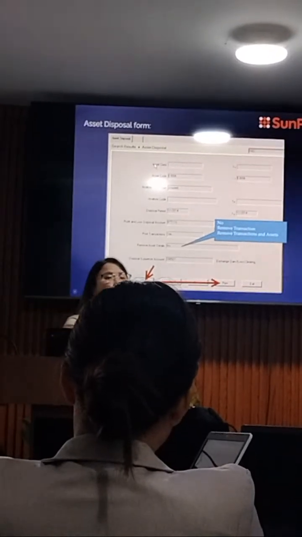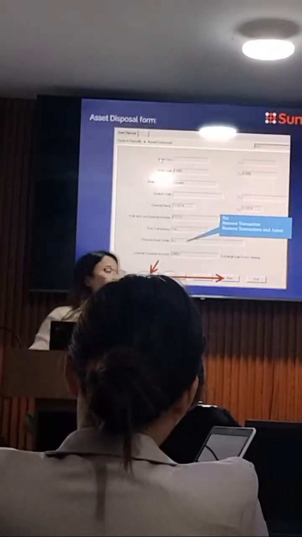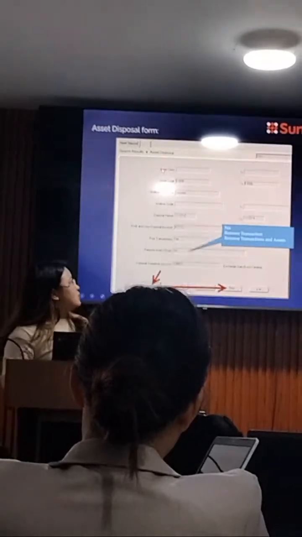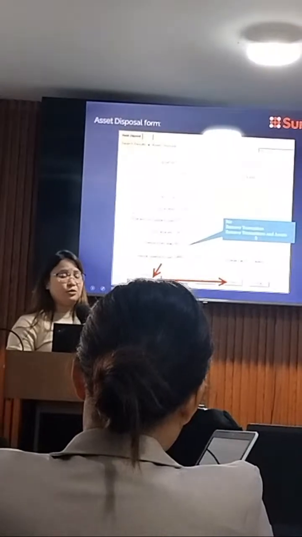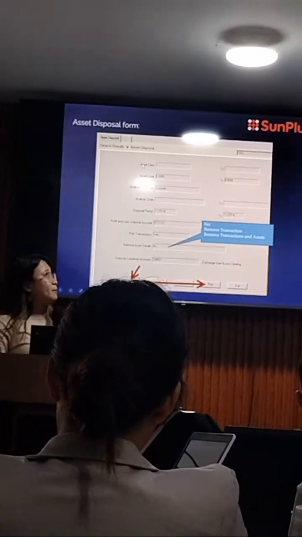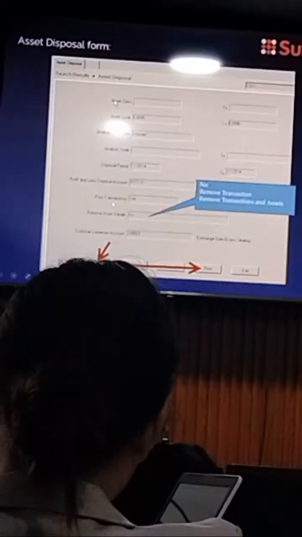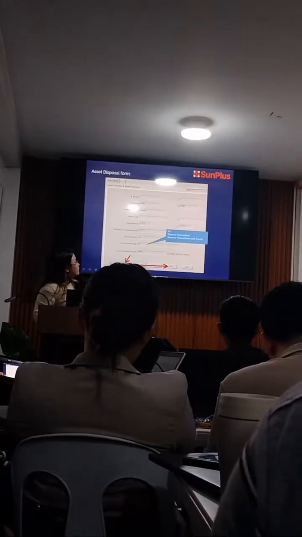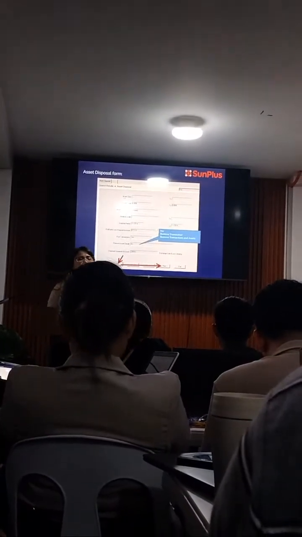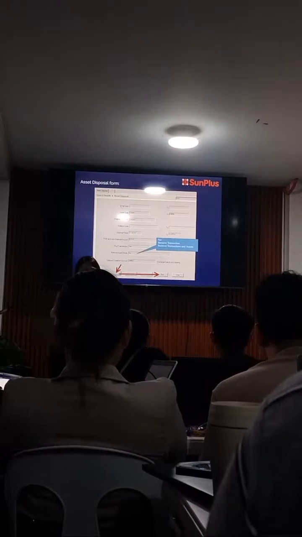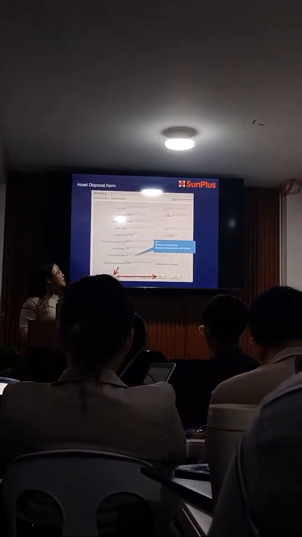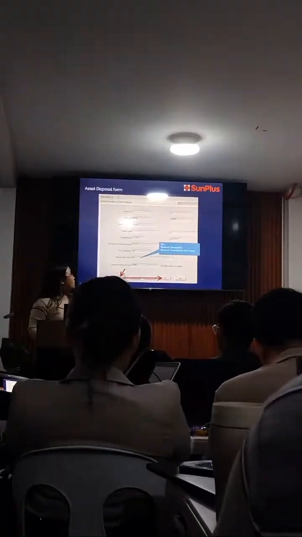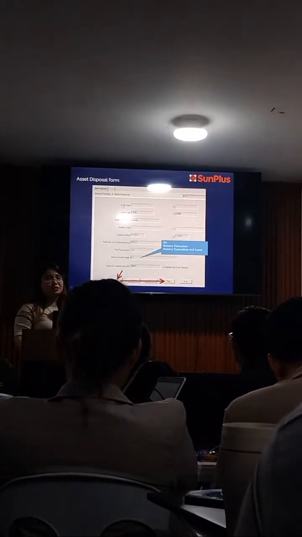So, if you have two assets that you mark with a disposal period that falls within this range of periods, those two will be considered. Okay? So, if you're only disposing one asset, then you can just do the same asset code dito, and then the disposal period, kung ito yung disposal period.